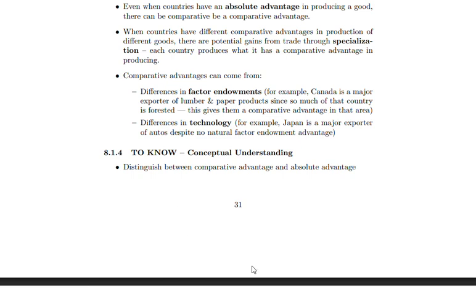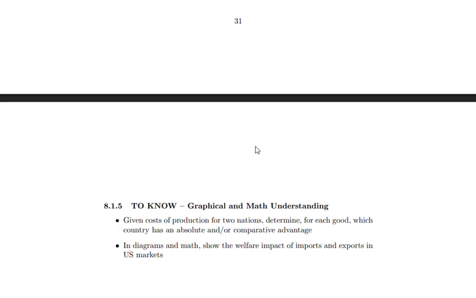So what do you need to know about international trade? First, distinguish between comparative advantage and absolute advantage. You need to calculate the opportunity cost of the goods, and firms should choose the product of comparative advantage.